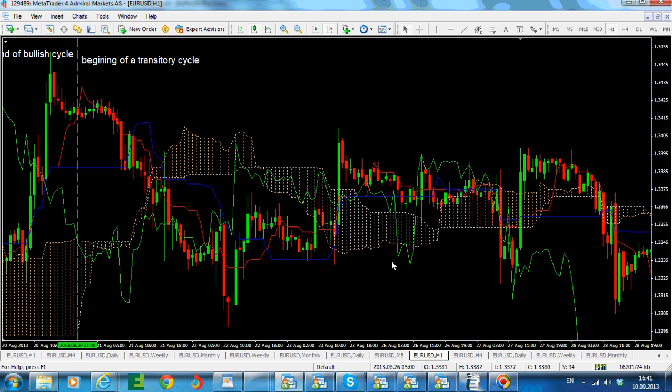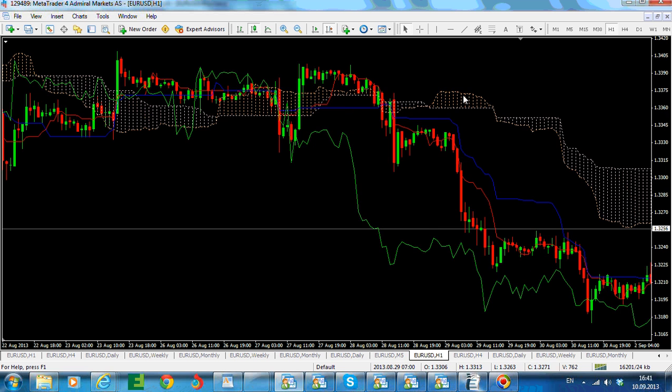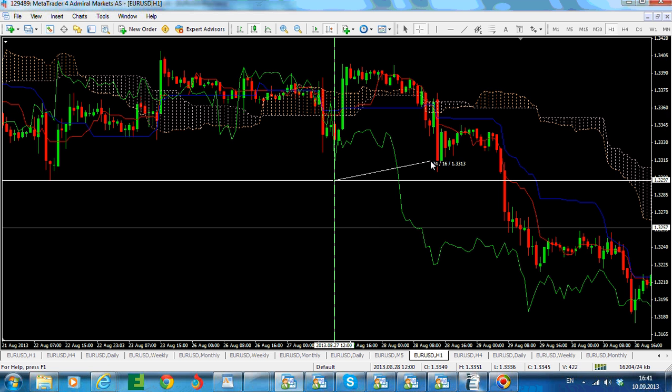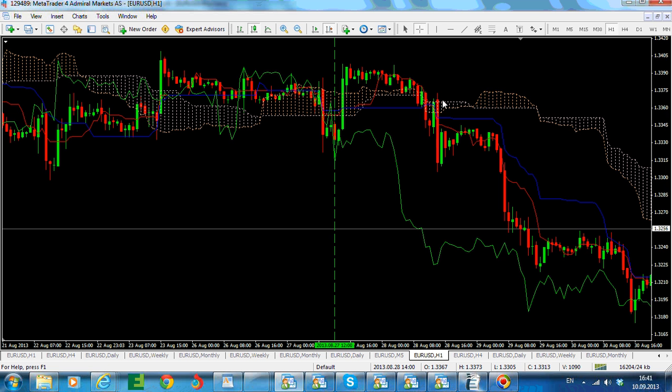This is what a transitory cycle looks like, and from this moment on we are starting a bearish cycle. Why? Because from here, if you apply 26 periods, you have the red cloud here. So red cloud means we have a bearish Kumo. Chinko is below the price. We have the Kijun Tenkan cross already here.